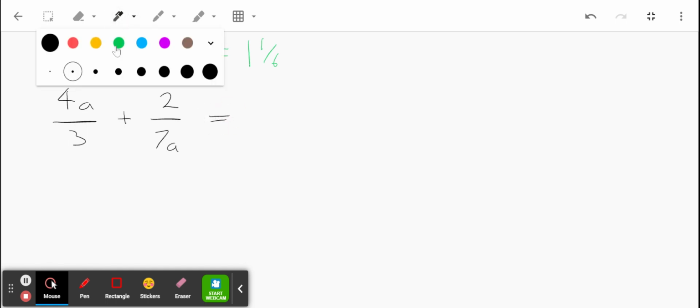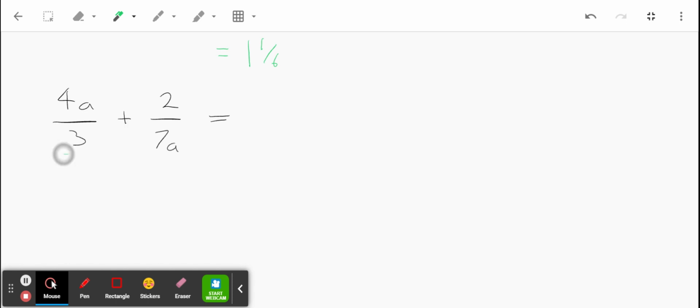This one's a little bit more tricky because I have 3 and 7a on the bottom. So our common denominator is actually 21a. 3 times 7a is 21a. There's nothing more simple that both of those terms will go into.